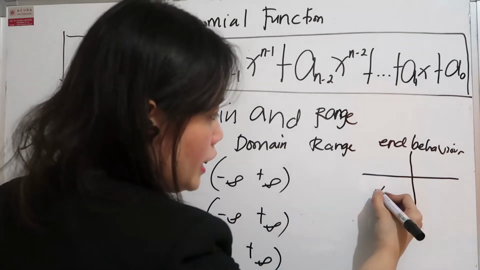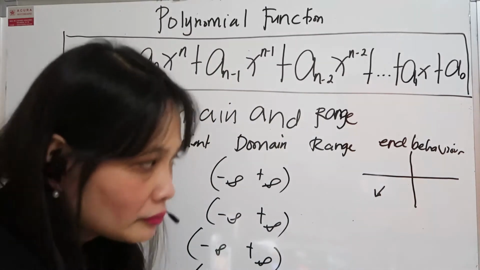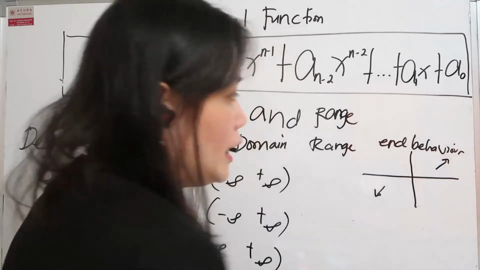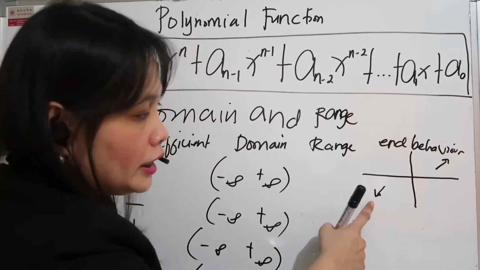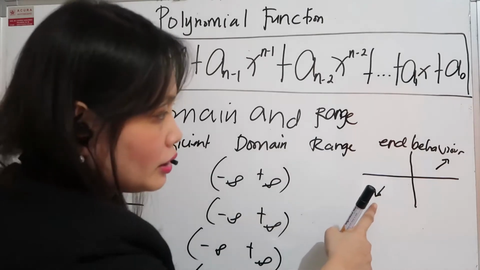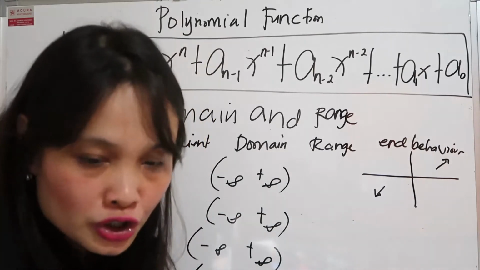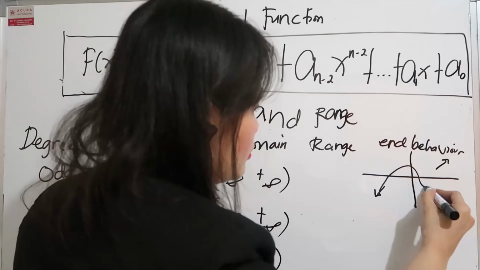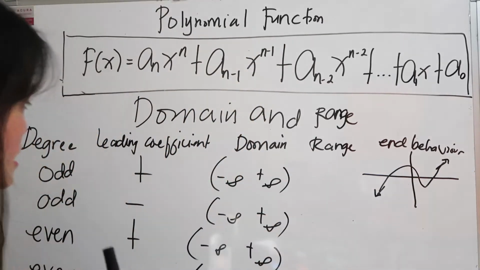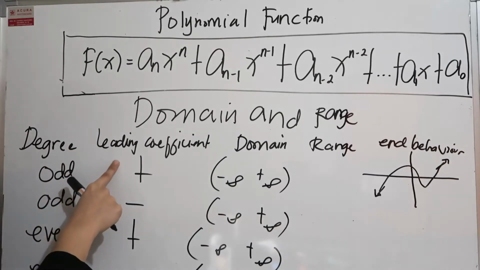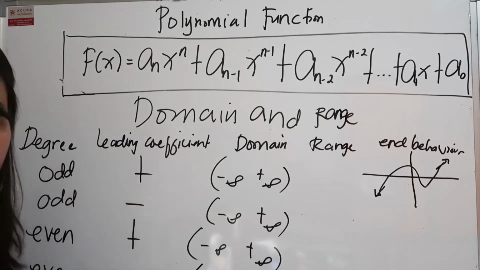It will start in the third quadrant and end in the first quadrant. So that is the graph if the degree is odd and the leading coefficient is positive.